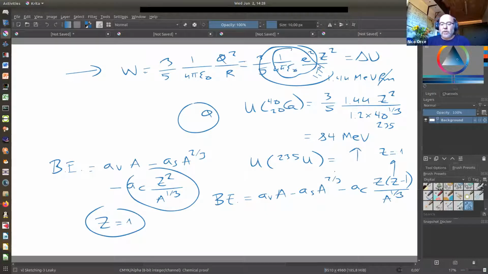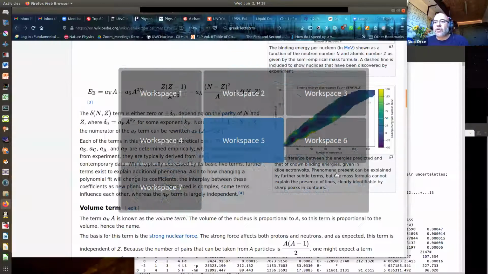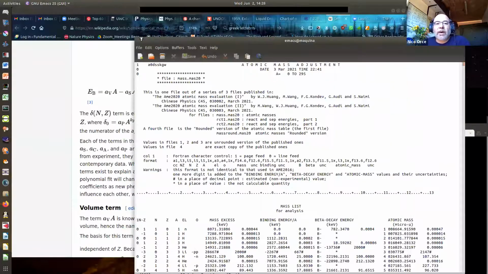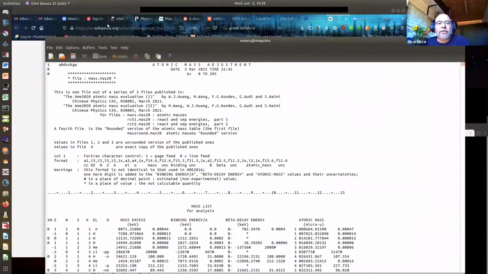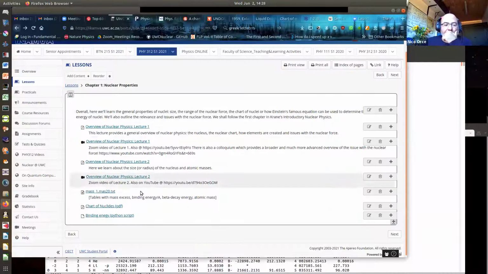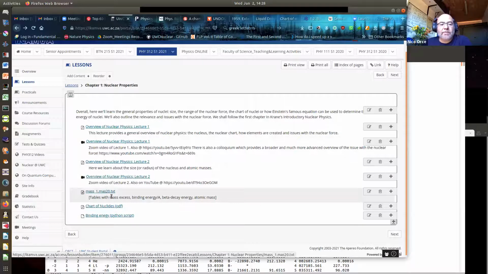Let's see actually what we want to achieve now. Now we are setting up an equation which we want to compare with data, right? So with data, we have our mass evaluation, which you have in your lecture notes in the lessons, Chapter 1, nuclear properties. You have the mass evaluation for 2020.